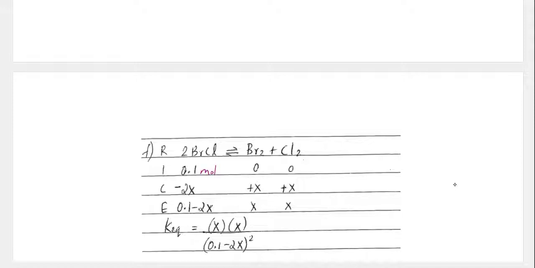You actually can be in moles, but then when you plug it into the K expression, it needs to be in molarity if you're using concentrations, or atmospheres if you're using pressure. So we can do our ice table in moles, but then we would have to divide everything by liters at the end before we plug it in the K expression. So generally, if you're going to do it in terms of concentrations, it's better to just put them in molarity in the ice table. But otherwise, their ice table is set up correctly, and then they take their equilibrium values, plug it into the K expression correctly, but obviously they don't finish the problem from there.